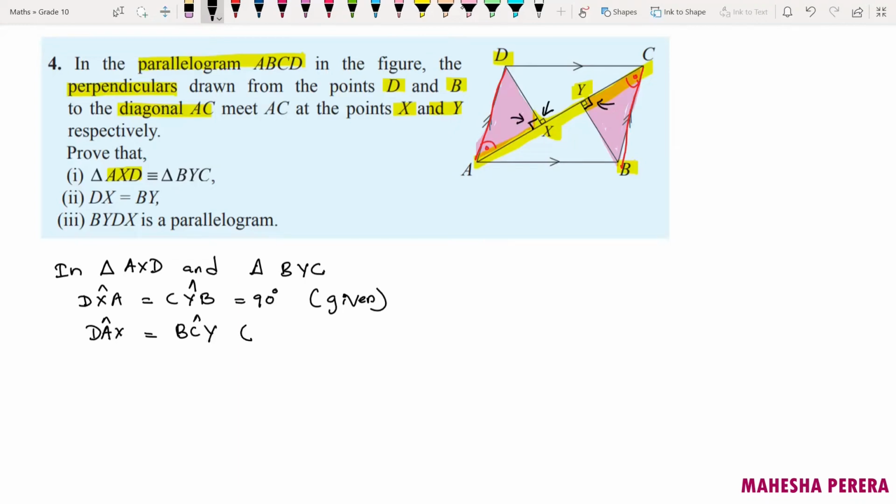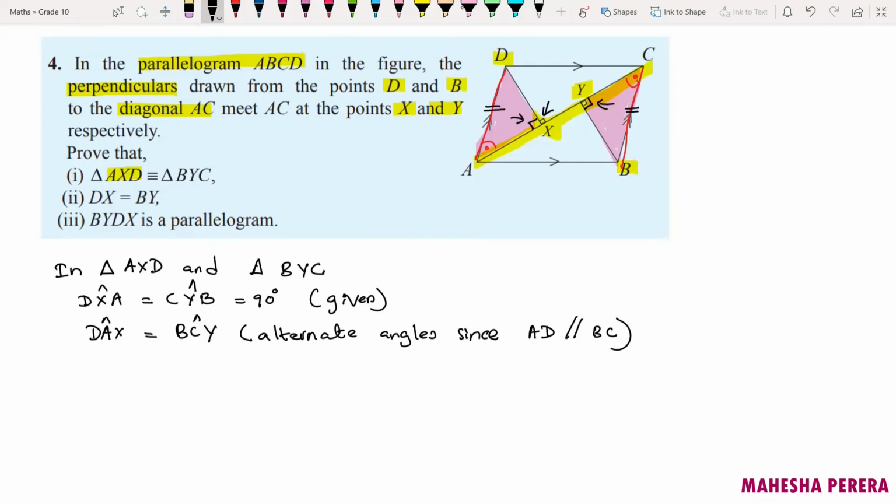And it is actually, they are alternate angles since AD line is parallel to BC, right? And then these two sides should be definitely equal.